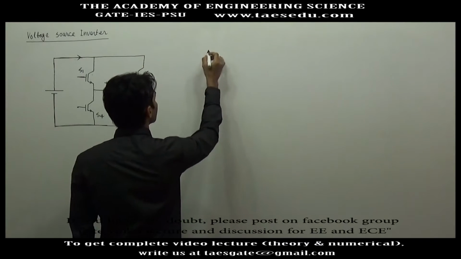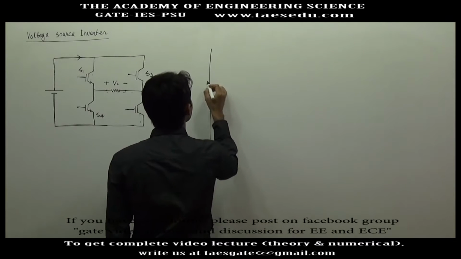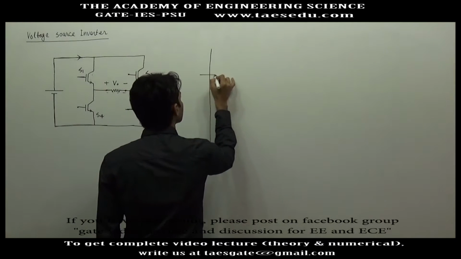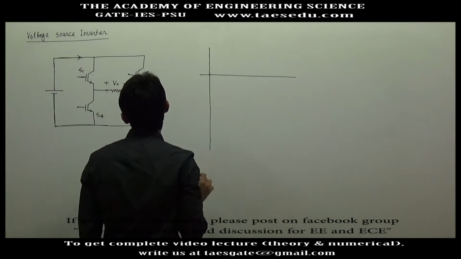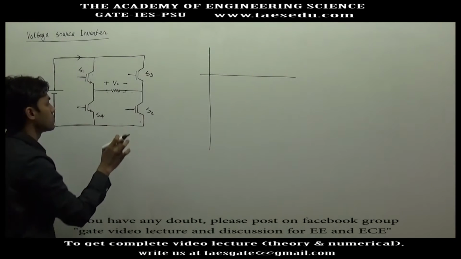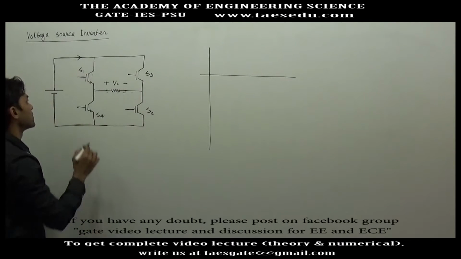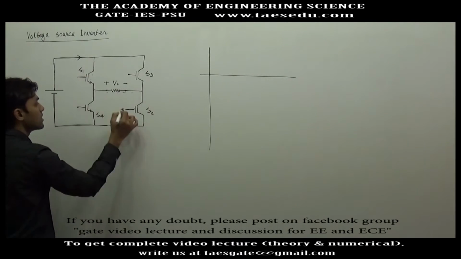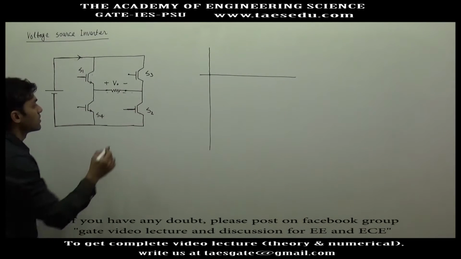So let us draw the output voltage waveform for this circuit. Let's say at t equal to 0, S1 and S2, these two switches are given signal simultaneously. The gates of switches S1 and S2 can be connected with the same signal.